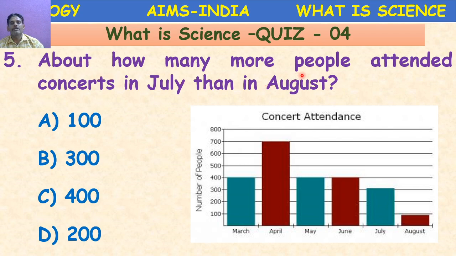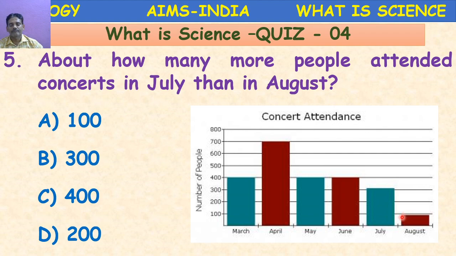Here the months are given: March, April, May, June, July, August. Out of which, how many more people attended in July than in August?